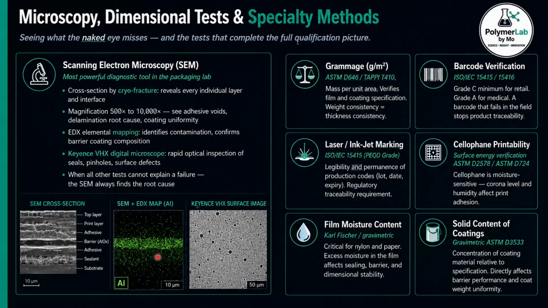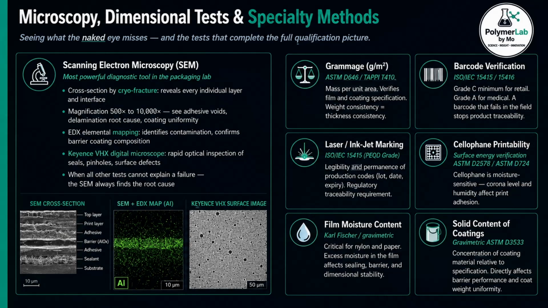The digital microscope is a faster, more accessible tool for routine surface inspection. It operates at up to 6,000 times magnification under visible light. No sample preparation required.